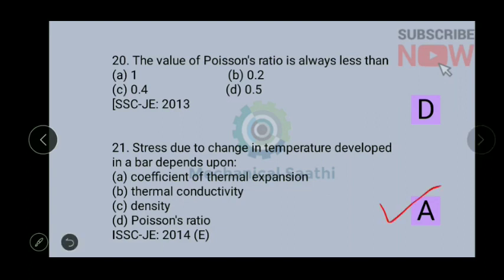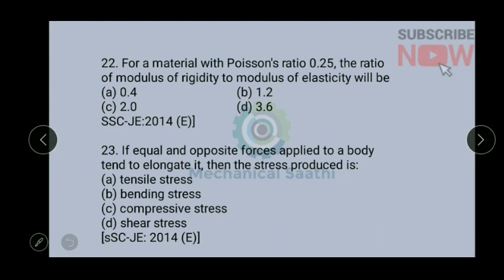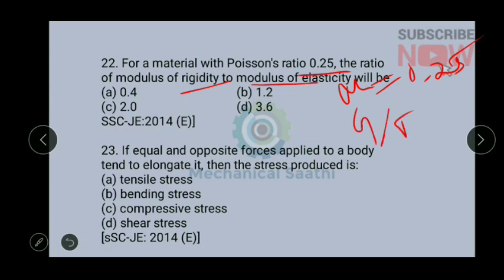Moving towards question number 22, for a material with Poisson's ratio 0.25, let the Poisson's ratio be mu, equal to 0.25, and the ratio of modulus of rigidity G divided by modulus of elasticity E. We need to calculate this value.